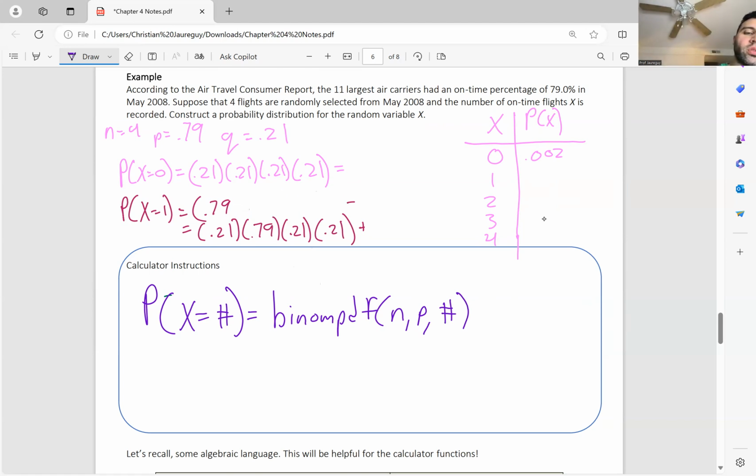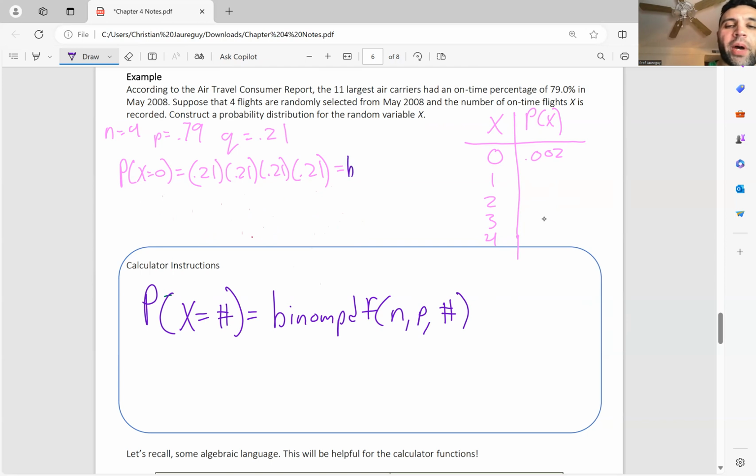Again, hopefully we didn't write that down. In this first case, we should have gotten binompdf of 4, 0.79, and 0. Let's see if we get the same answer.